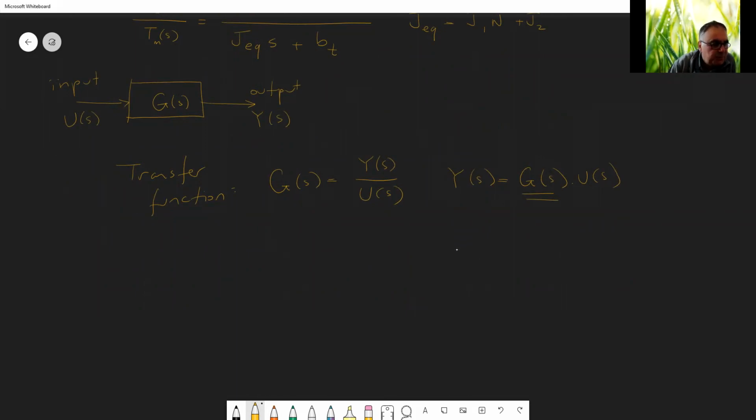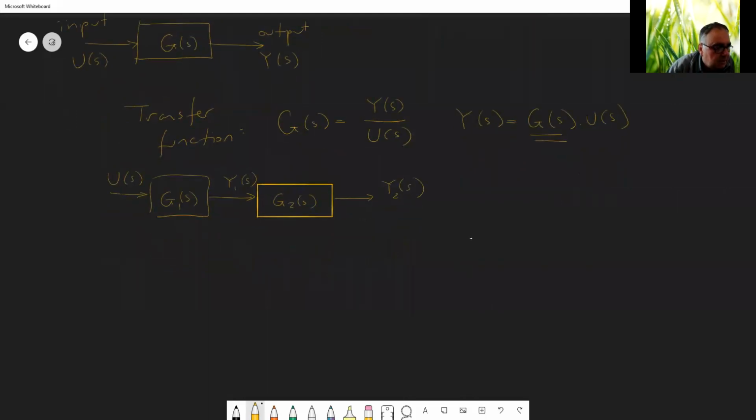The nice thing about this formalism is this: if you have multiple systems in which you have one input, let's say U, then you have G1 of S, and Y1 of S comes out, and this output goes to another system, G2 of S, and this becomes Y2 of S. In this case, the whole system can be combined algebraically without too much effort as follows.